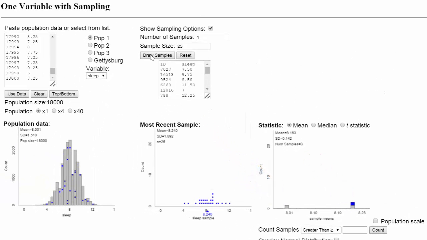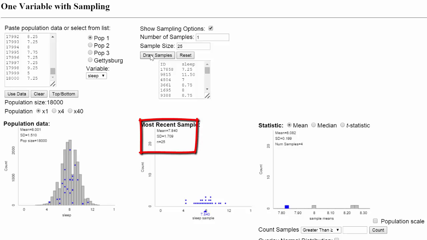Another one, we get 8.240 again with a different standard deviation of 1.892. Do it again. Get a different sample mean of 7.840 with a standard deviation of 1.709. And one more time. So now we have a total of 5 samples here, and they are plotted.